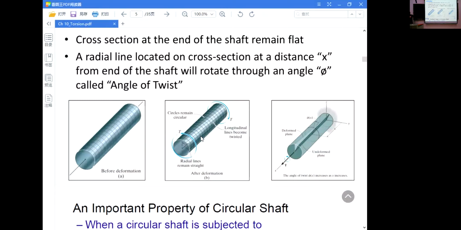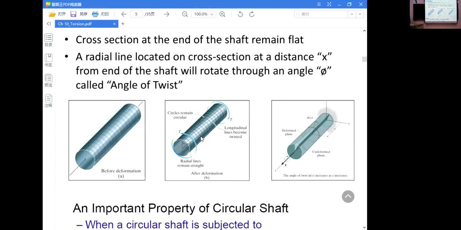It means the circle will contract. So tau cannot be in this direction either. Because the shaft doesn't expand or contract, we find the shear stress is perpendicular to its radius.